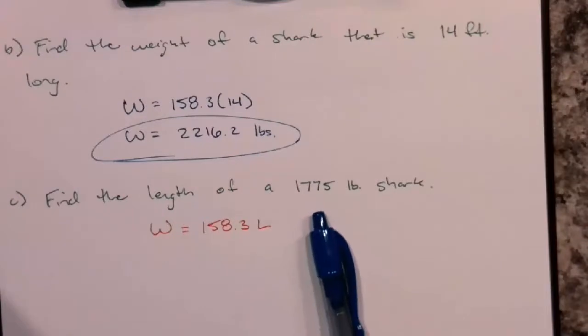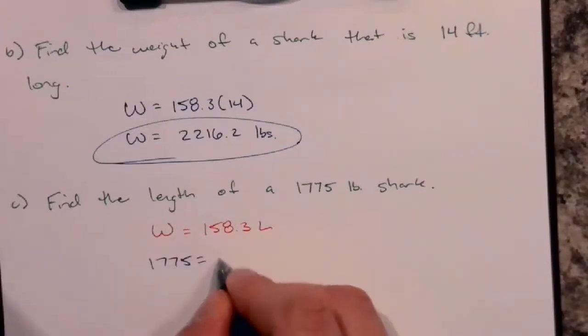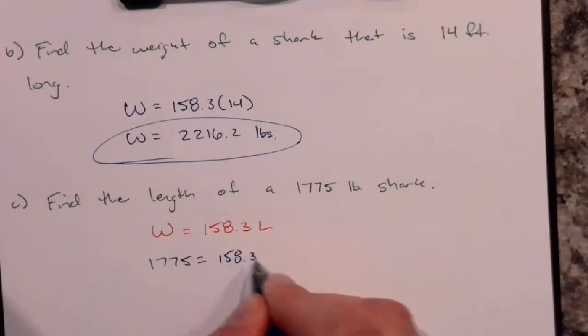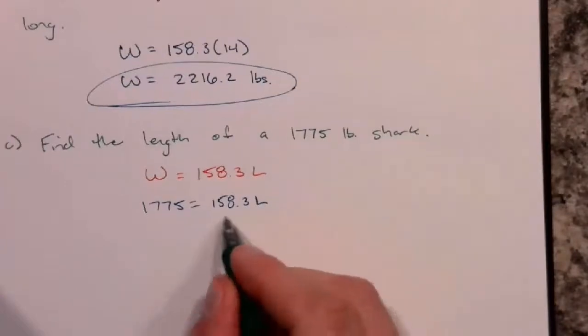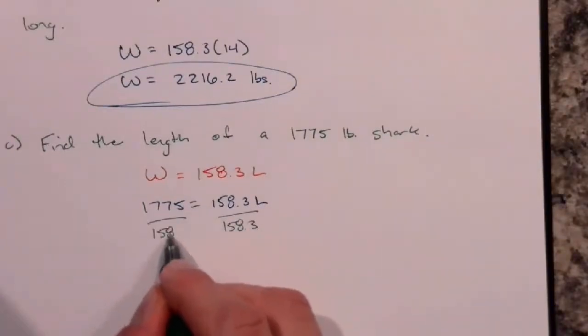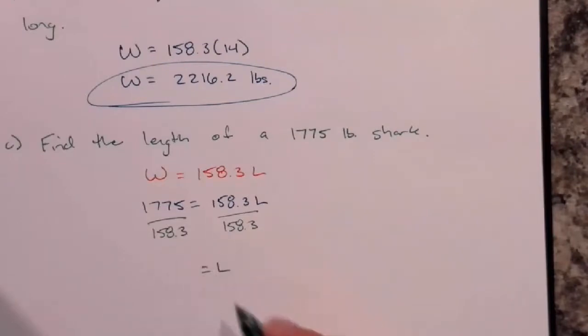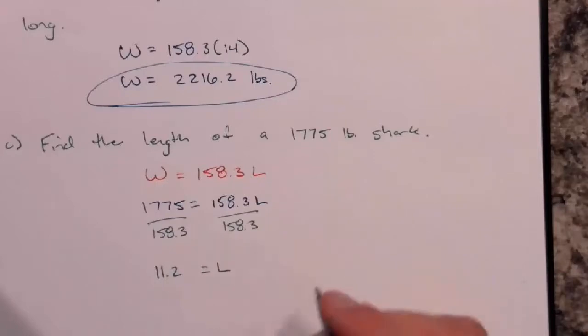We're trying to find L, the length. So we're going to substitute in 1775 equals 158.3 times L. And then we're just going to divide by 158.3 to isolate L. I end up with L equals, this comes out to 11.2 to the nearest tenth. We're talking about length, so we need the units, which in this case were feet, because the original units were in feet.